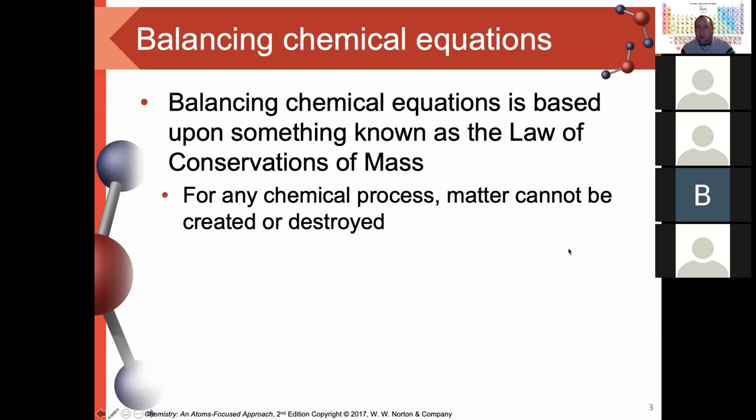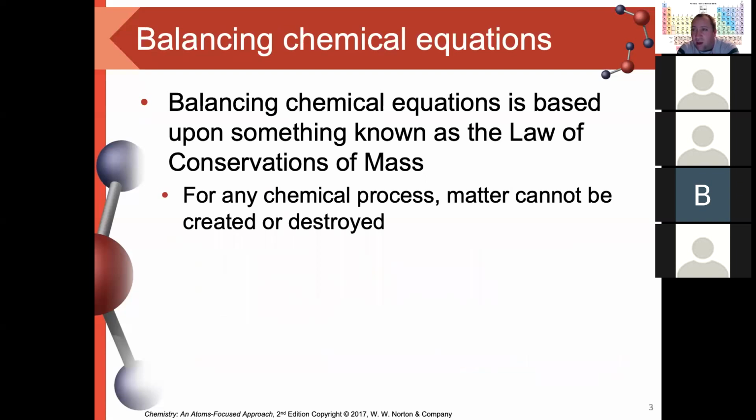Now, when we come to balancing equations, we know that balancing is based largely on the general concept of the law of conservation. Whether you call it the law of conservation of mass or the law of conservation of matter, for all intents and purposes, they mean the same thing.